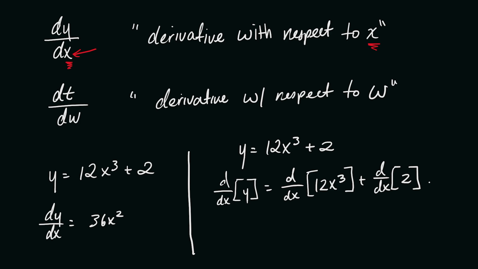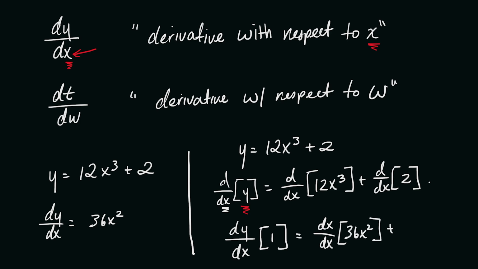Since we're taking the derivative of y in this case, and x is in our little denominator here, we can just write dy over dx, and of course multiply that by 1, because the derivative of any variable is just 1. And then this would be equal to dx over dx of 36x squared plus dx over dx of 0.